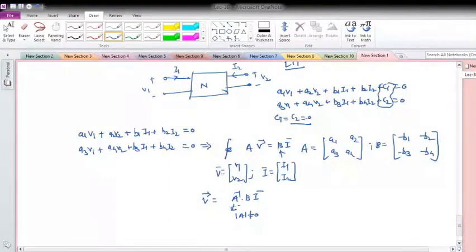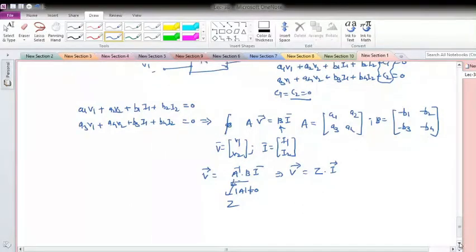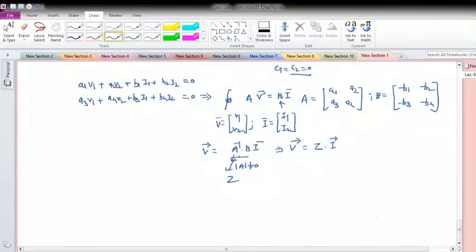Let me call this Z. So V vector will be equal to Z into I vector. Basically this is the voltage form: voltage has been expressed in terms of current. These are my dependent variables, and I1 and I2 are my independent variables.